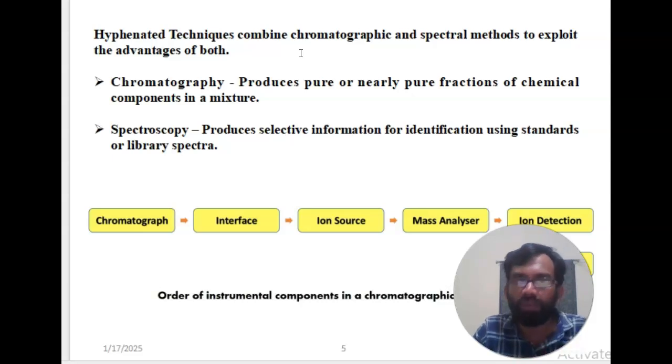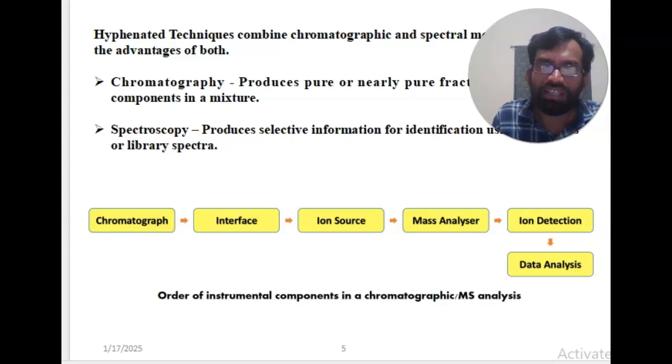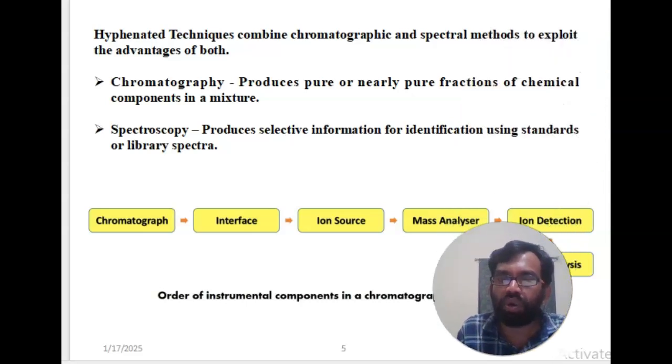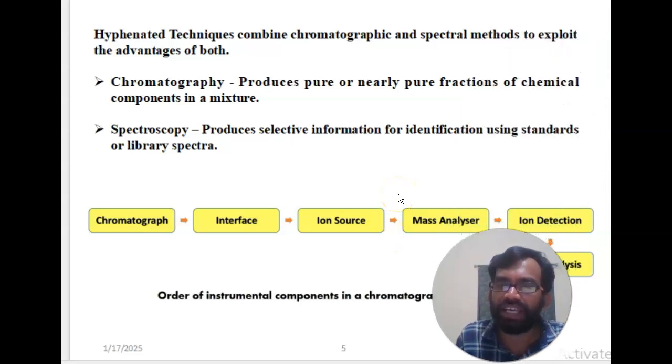One is that chromatography produces pure or nearly pure fractions of chemical components in a mixture. The other is spectroscopy, which produces selective information for identification using standard or library spectra. The basic chromatographic mass analysis components are the chromatograph and interface, ion source and mass analyzer, ion detection, and then data analysis, like a pathway.